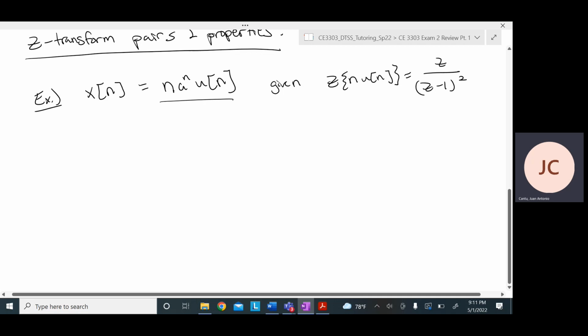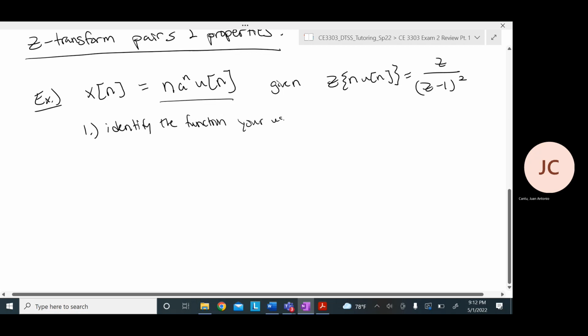Okay, and so this is going to be the same procedure that you usually follow when you're doing a Z transform. One, you're going to identify the function you're using. In our case, it's this one given.